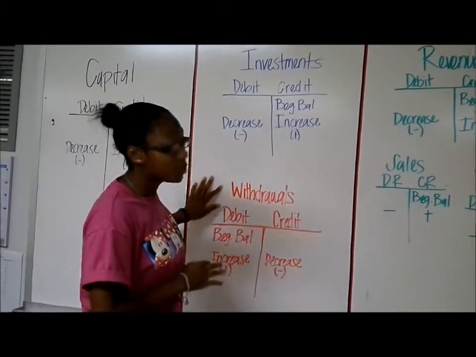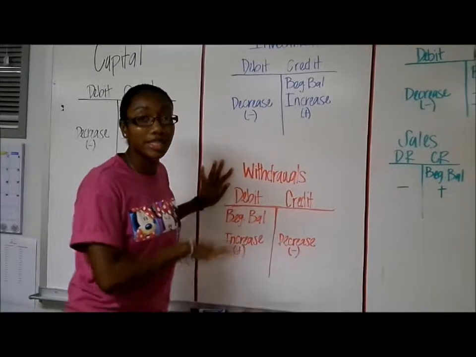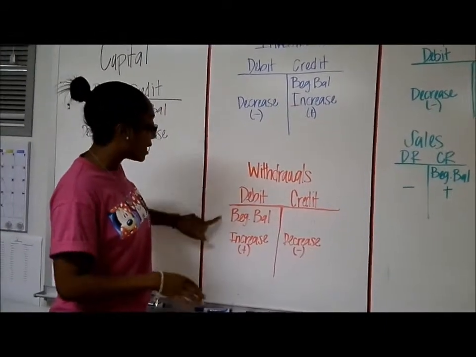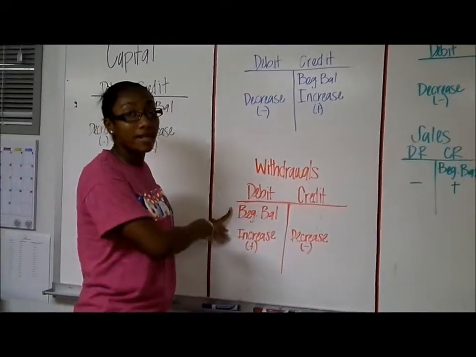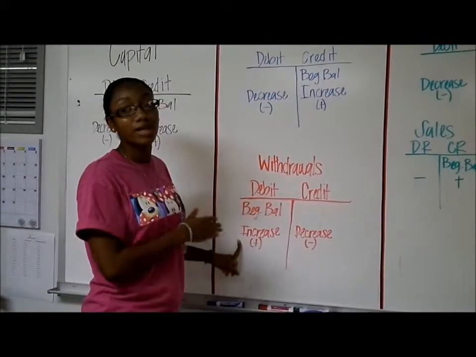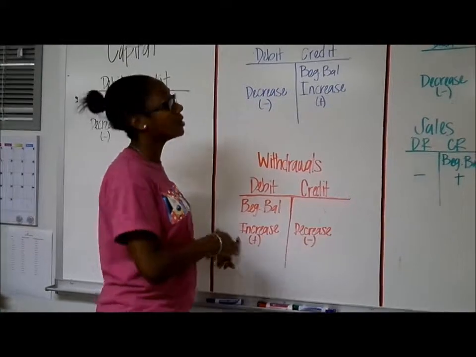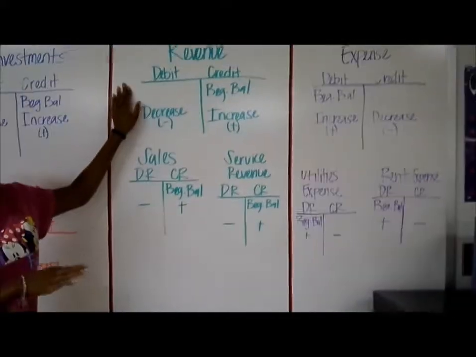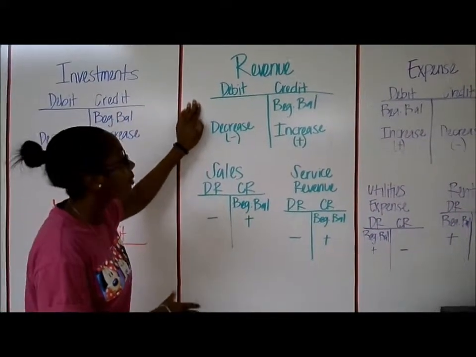And then withdrawals are going to decrease capital because their beginning balance is on the debit side of the T account, and then the increase to withdrawals would be on the debit side of the T account as well. Now, revenue is going to always increase capital.